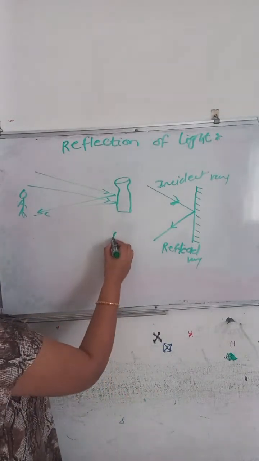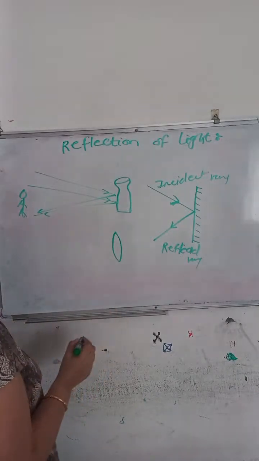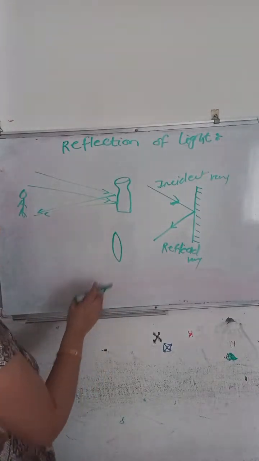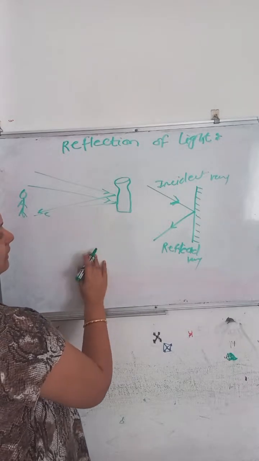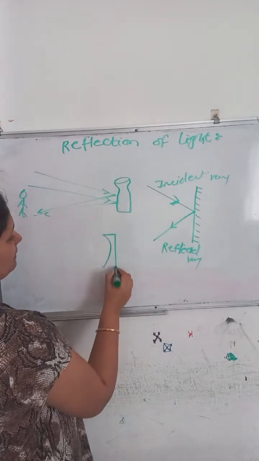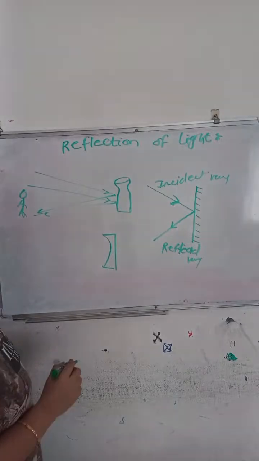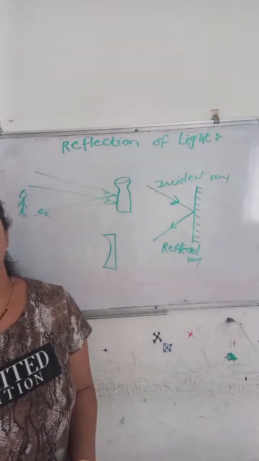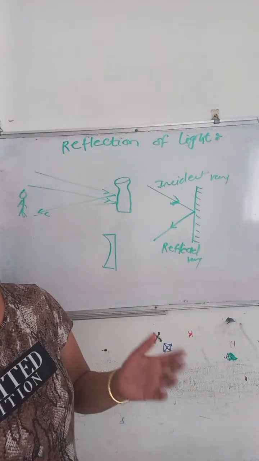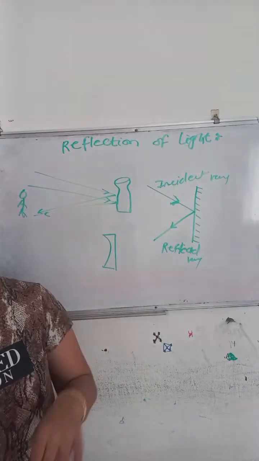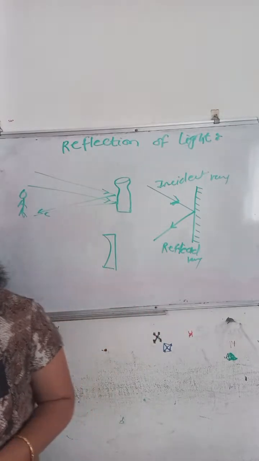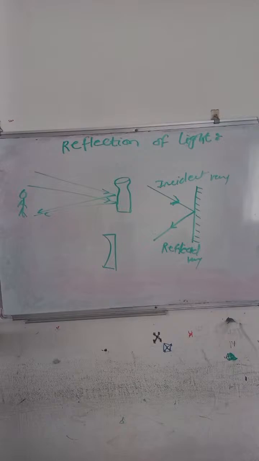Like this, we also have this kind of mirror or lenses. Or some mirrors are like this, bulging out at both ends and flat at the thinner part. Those are known as curved mirrors. Can you get this?